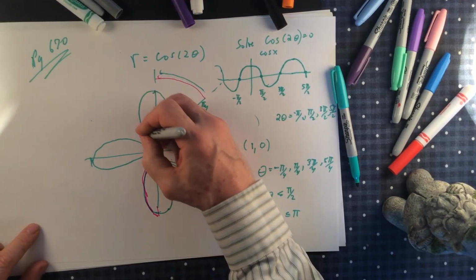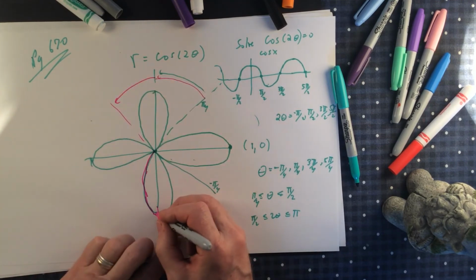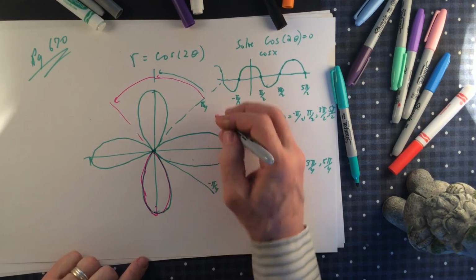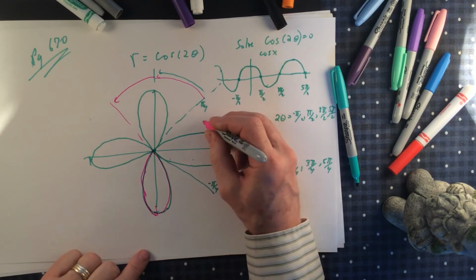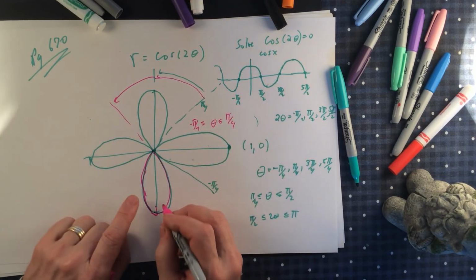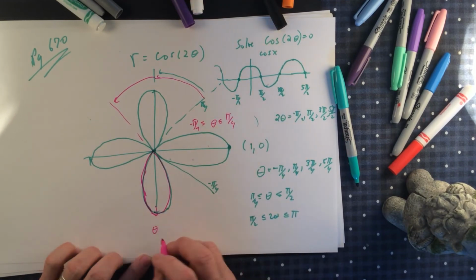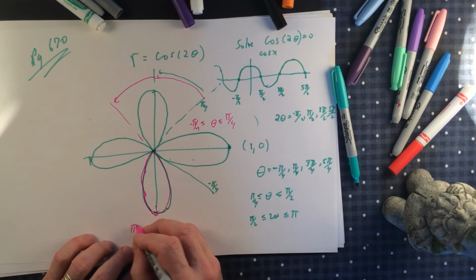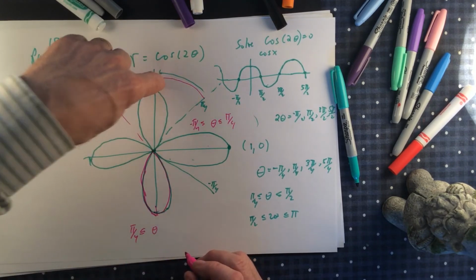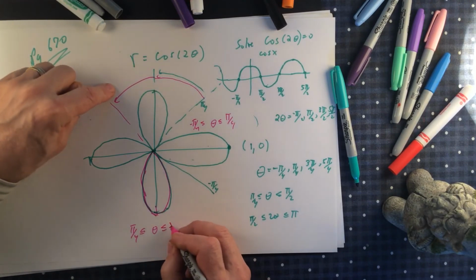So if we finish to here, that loop is created. So this loop is created from minus pi fourths to pi fourths, while this one is created from pi fourths to 3 pi fourths.